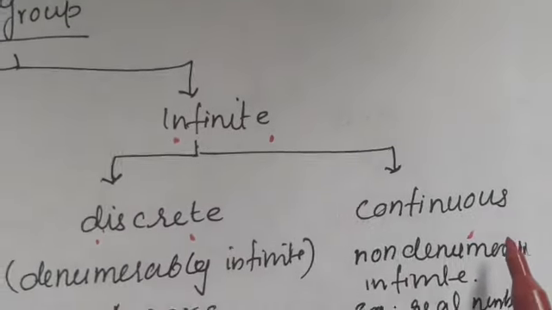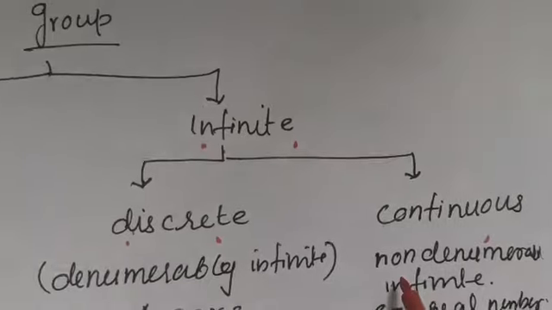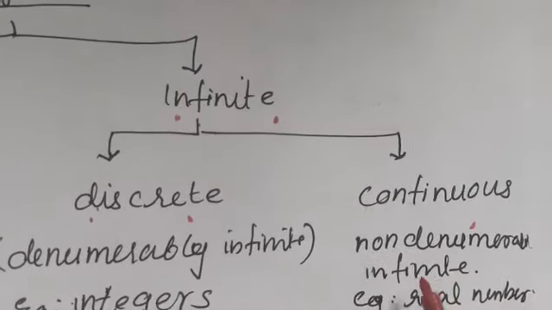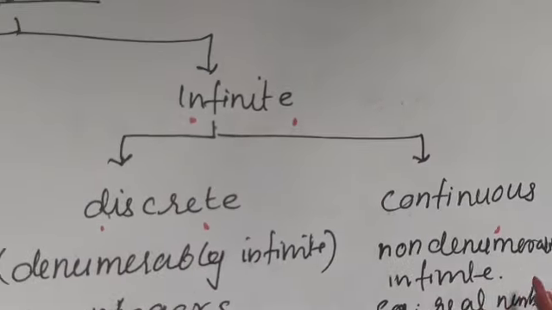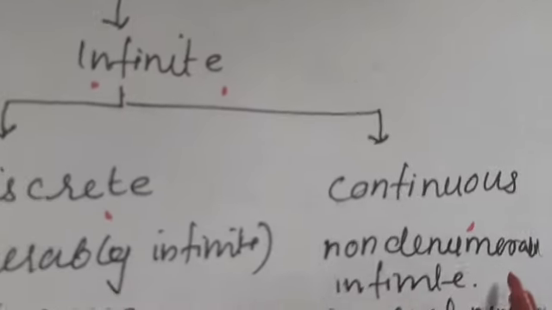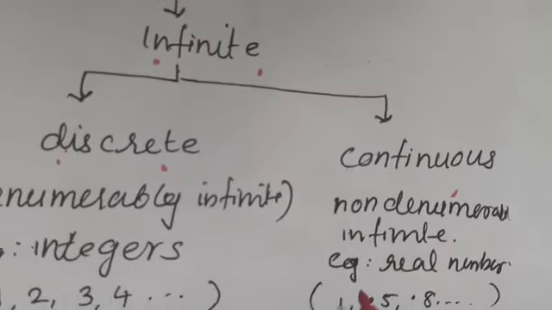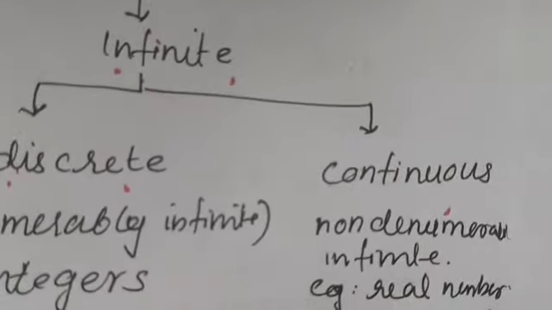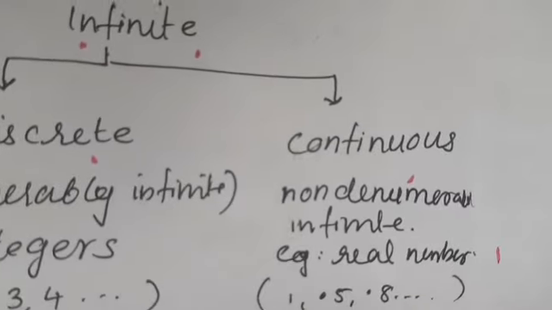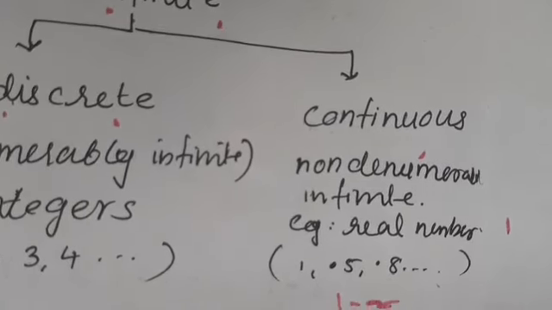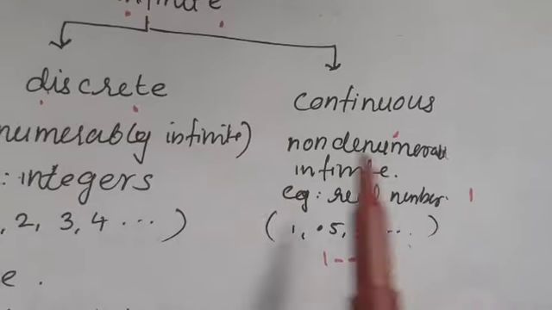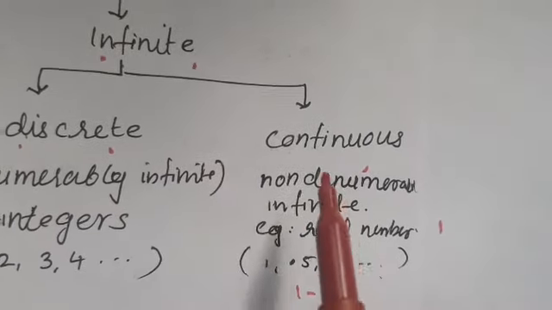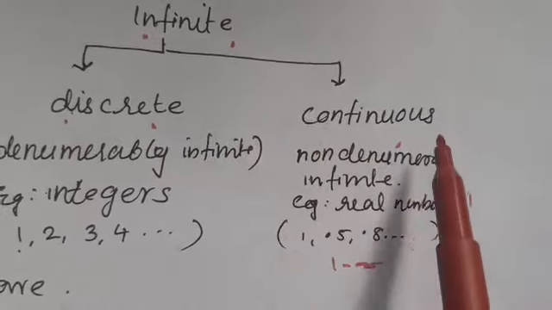Continuous group contains non-denumerable infinite numbers. Non-denumerable means we cannot count them. For example, real numbers. Between 1 and 2 we have infinite numbers like 1.1, 1.2 and so on. So we cannot count them. So this type of group is called continuous group.